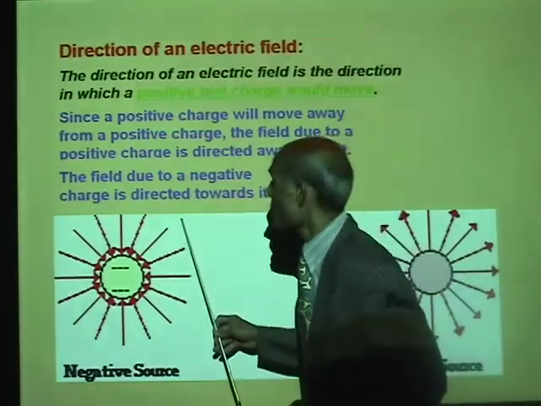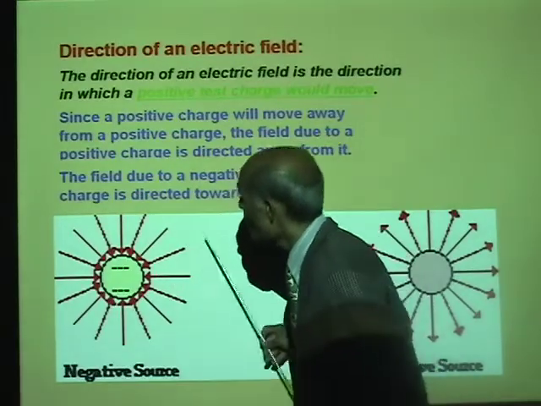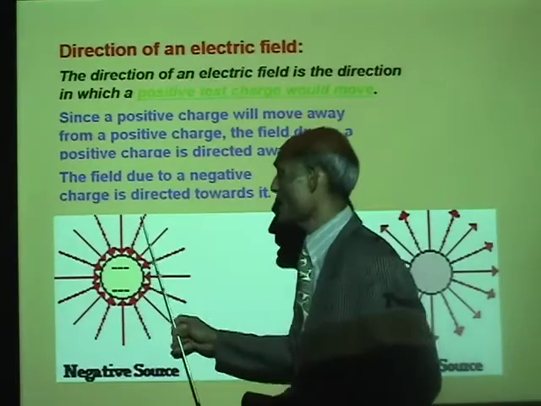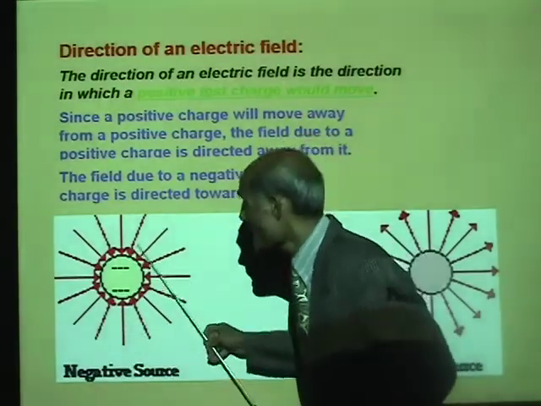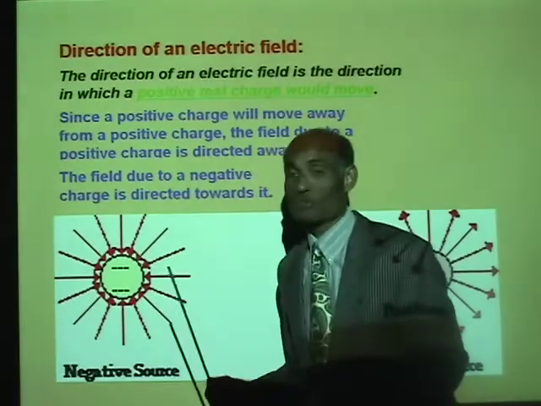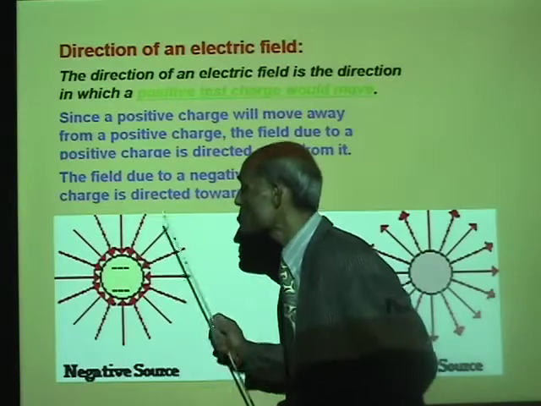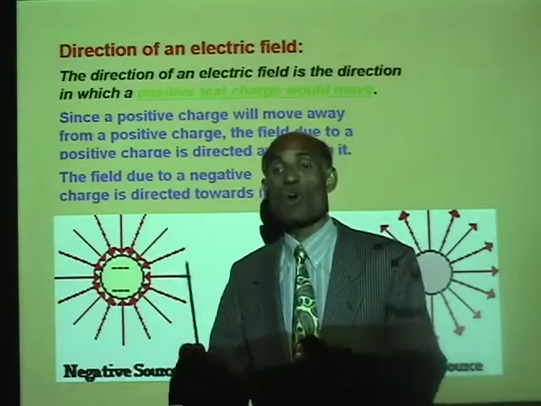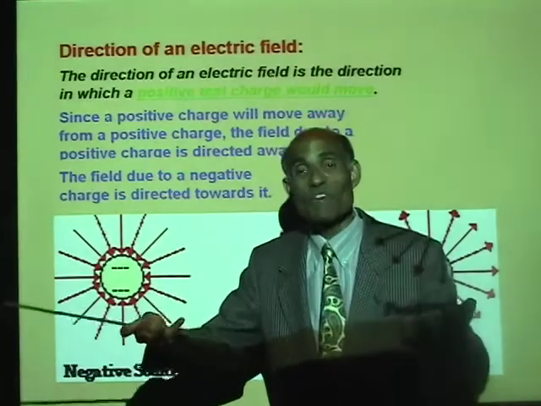That means the standard positive charge placed anywhere will move towards that charge. Now the paths taken by the test charge are indicated by these arrows. And I will tell you shortly that these lines with the arrows are actually called field lines. Lines that describe the field.